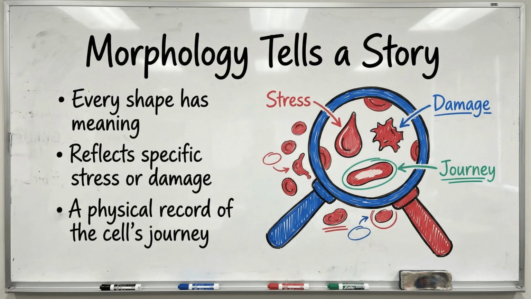It's not just a pretty picture, it's a direct reflection of the underlying pathophysiology. Your job as histotechnologists is to learn to read that record, to interpret the story each cell is trying to tell you. This is where pattern recognition becomes mechanism-based thinking. Let's do a quick review of some key patterns.